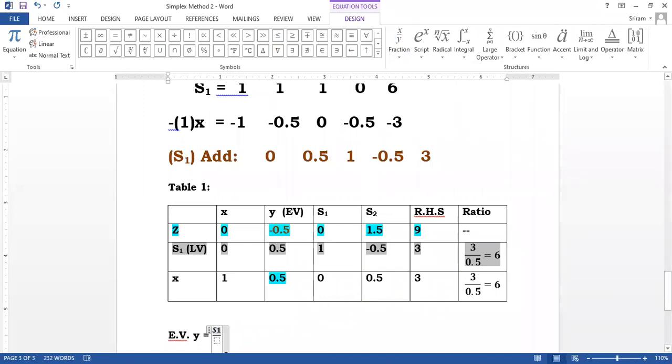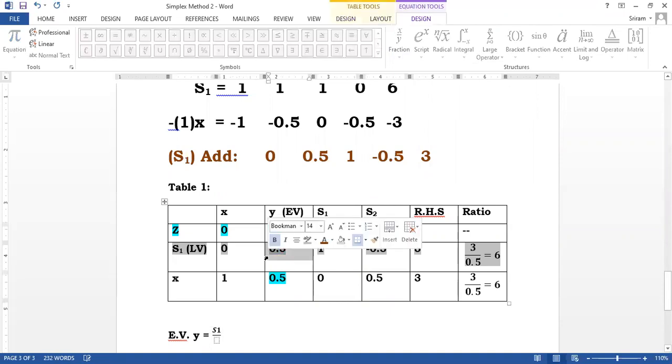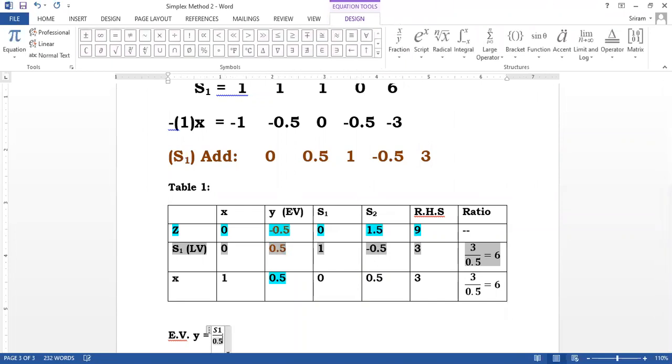So I'm going to take S1 and divide by the corresponding pivotal element. What is the corresponding pivotal element in S1? 0.5. So I'm going to take the values of S1 and divide by 0.5.